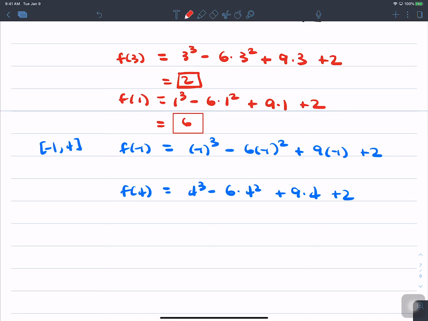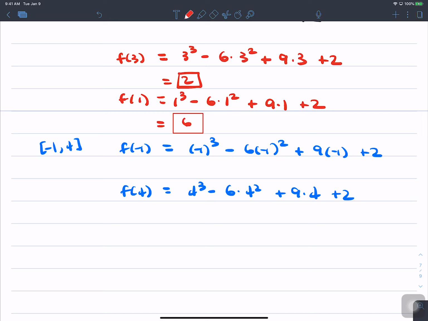Okay. It's actually easier if I do it in my head. I just hit clear. Negative 1 raised to the third power minus 6 times that negative 1.